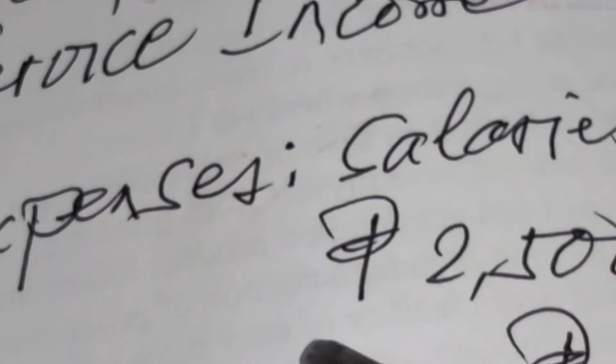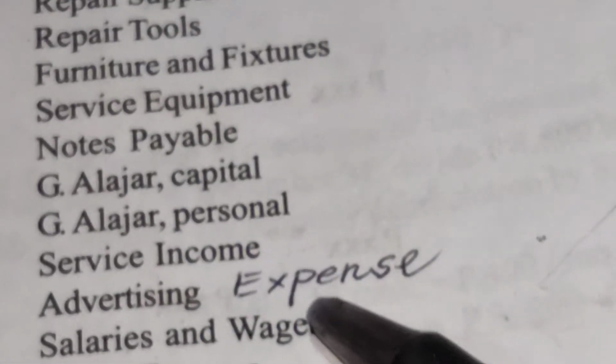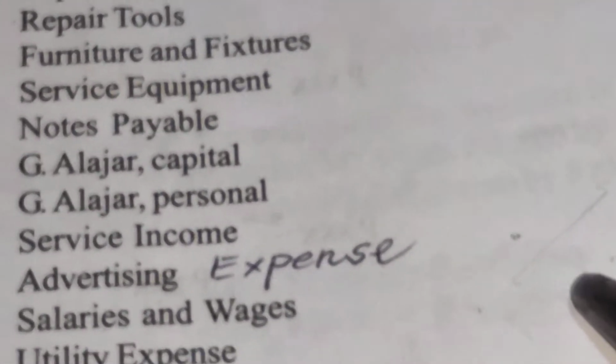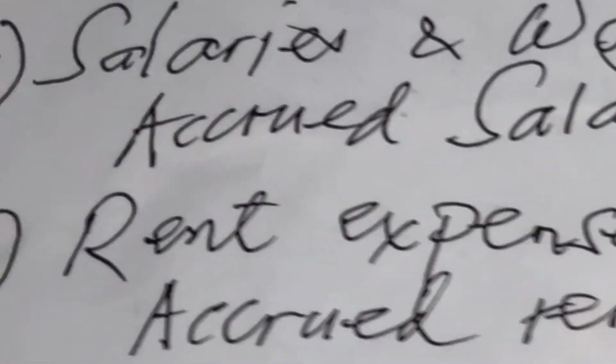Okay, next, number 6, accrual of expenses. Salaries and wages, 2,500. In the trial balance, this is your salaries and wages. So you have accrued your expenses.